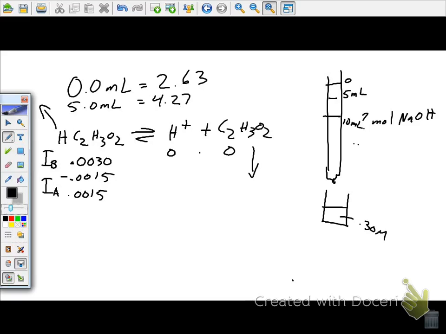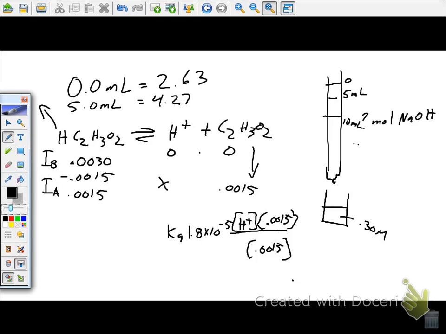Over here, it's going to be 0.0015, correct? That's in moles. Here's our X. If it's halfway titration, it's really easy, because the Ka, which is 1.8 times 10 to the minus fifth, is going to equal your H plus, and then this is going to be 0.0015, and this down here is going to be 0.0015.